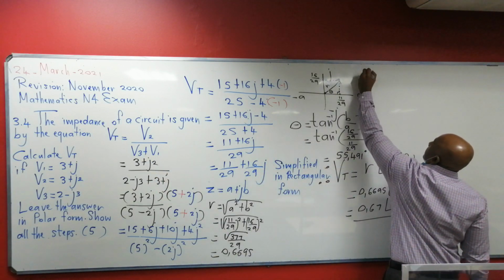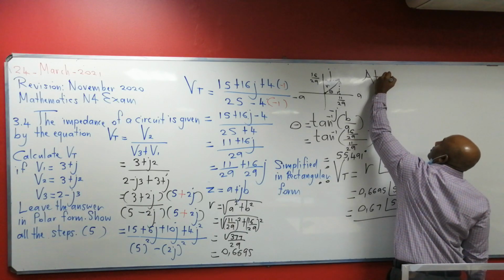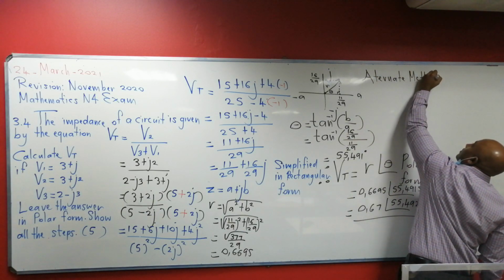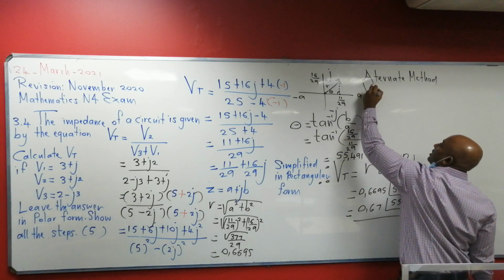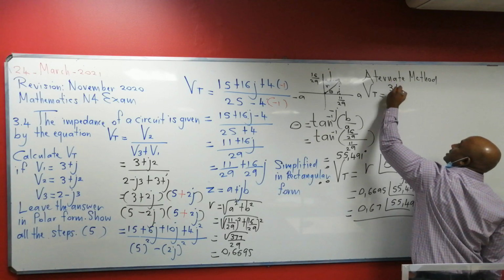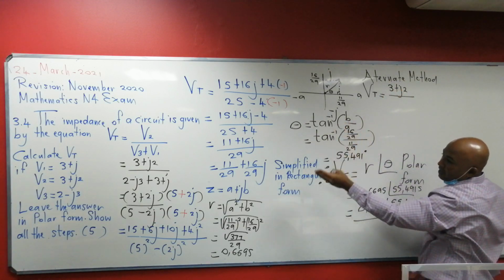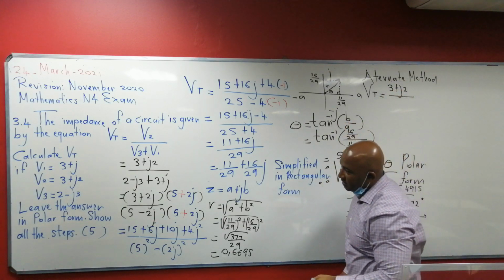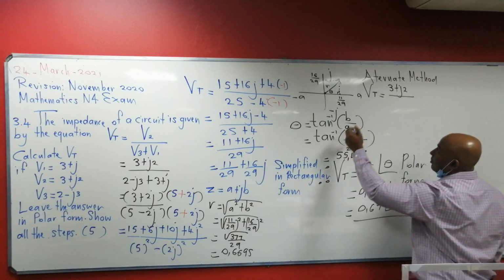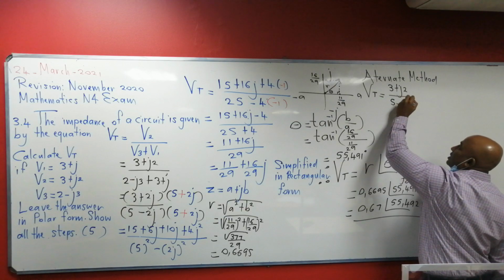Right, so what happens if you decide now, you substituted V2 plus V3 divided by V3 plus V1. So what do we have? We have V total is equal to V2, which is 3 plus J2, divided by V3 plus V1. And then we substitute and then we add it up. What does it become? 5 minus 2J.